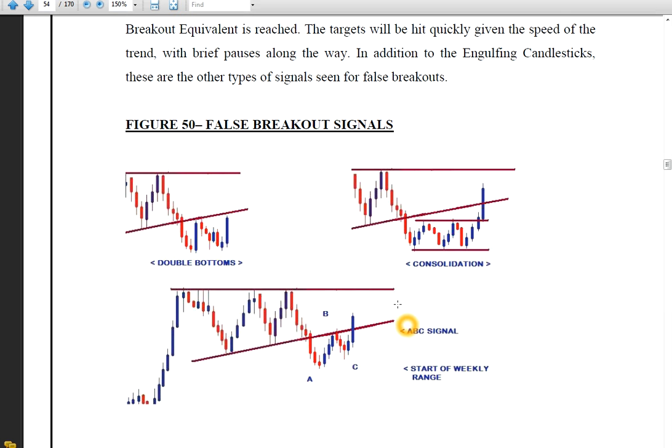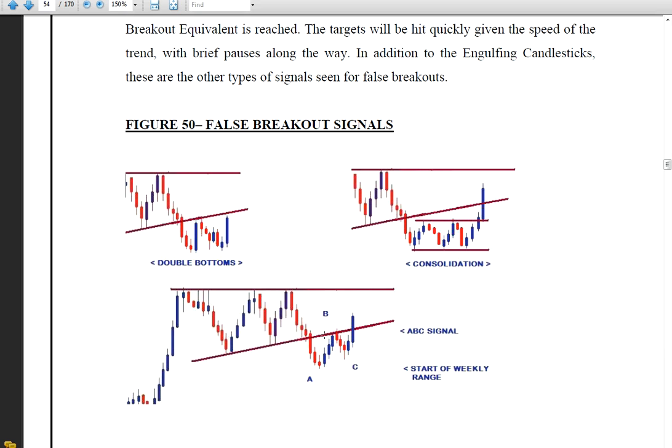Here you see a few examples of candlestick patterns that normally tell us when the market is going to be heading back inside of the consolidation. Double bottoms and double tops in the case of a bearish reversal. Consolidation setups just outside of the boundary, followed by a break of this smaller consolidation back inside of the larger consolidation.